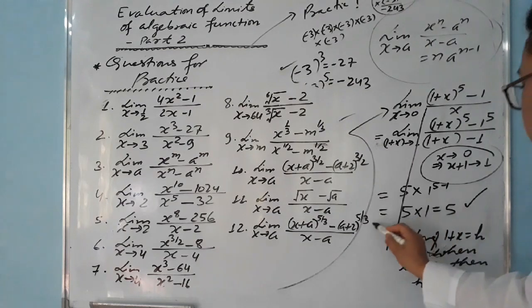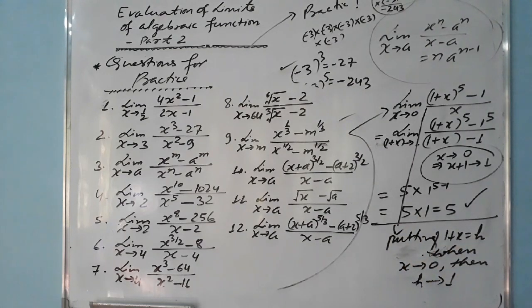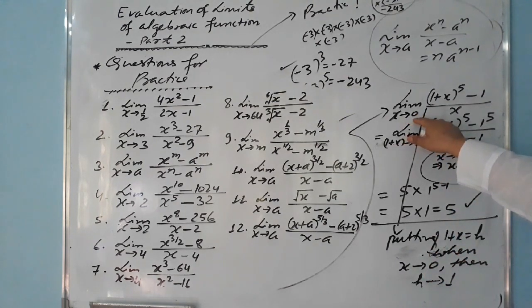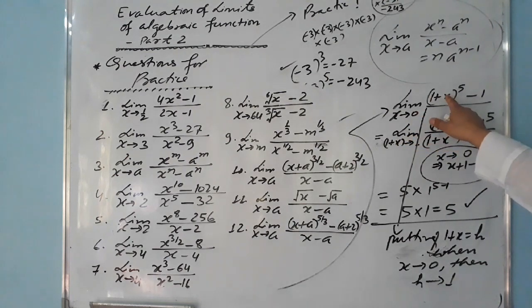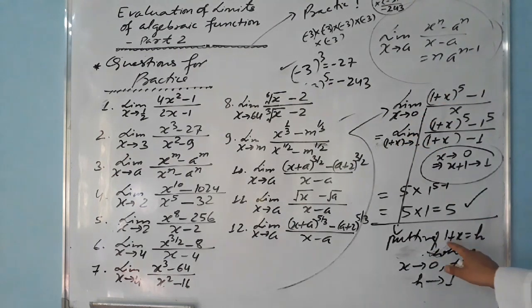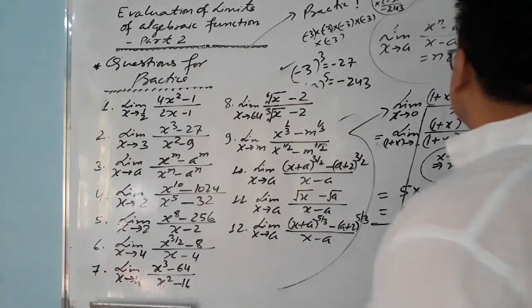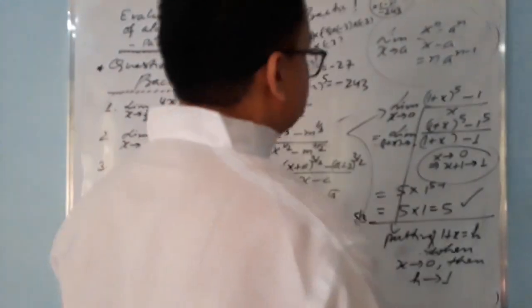This is an alternative method for this question. If you don't know the arrangement, you can do like this. You can just replace 1 plus x by 1 plus h, and the limit will also change, because here x tends to 0 for the variable x. Now we need h. When 1 plus x is equal to h, and x tends to 0, then h tends to 1, right?